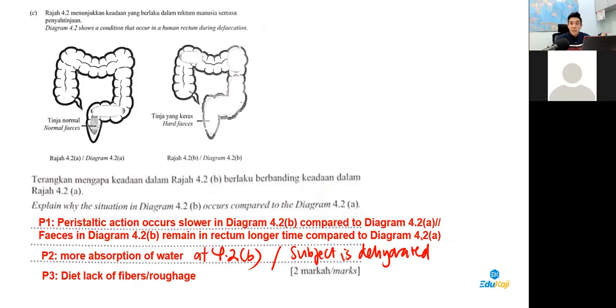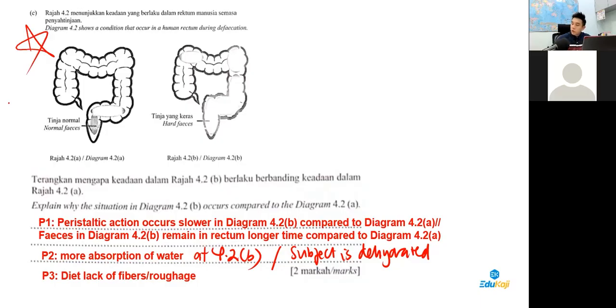Form 4 Bab 13, guys. You can take note, you can draw one star for this.